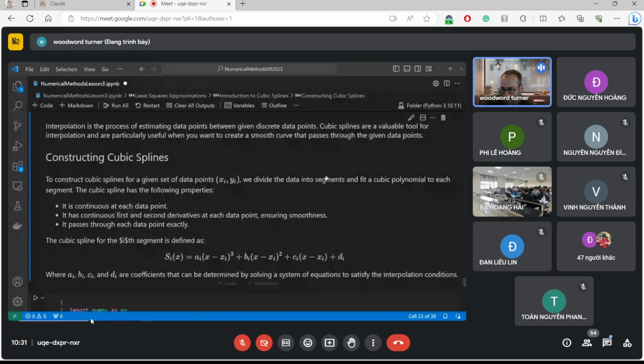All right, so here's the most important part for you guys: constructing cubic splines. To construct cubic splines for a given set of data points, xi, yi, we can divide the data into segments and fit a cubic polynomial to each segment. Okay, so that's a little bit strange sounding probably. What I mean by that is just that we can look at x0, y0, and then we can look at x1, y1, and maybe x2, y2.